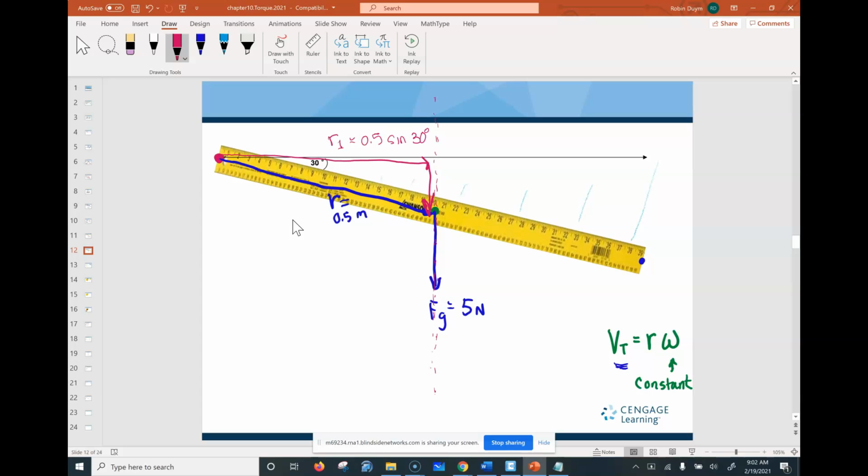So now what? We've got it all. We've got everything we need. We can go, the net torque is going to be R perpendicular F, which is going to be 0.5 sine 30, and then the force is still 5 newtons.